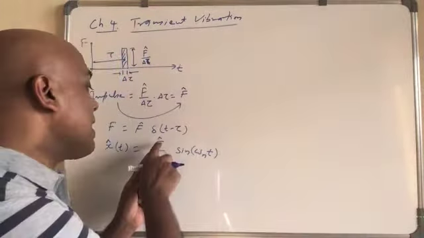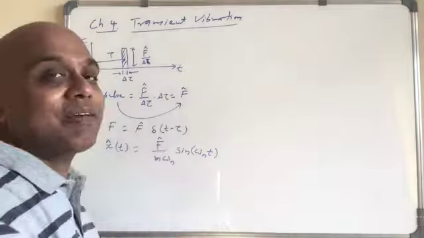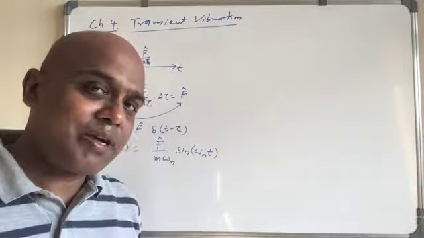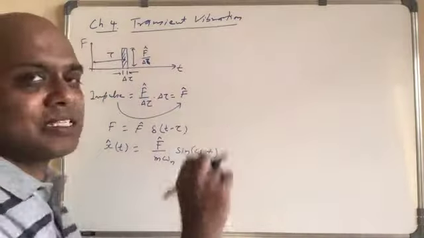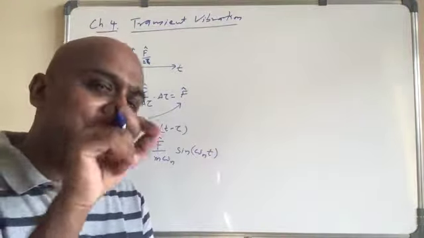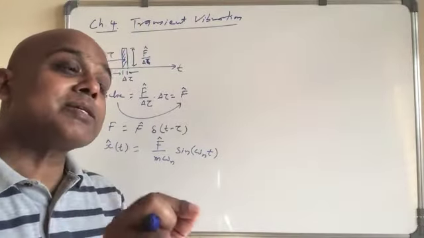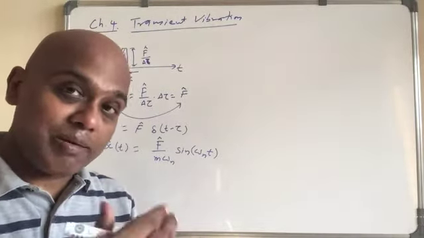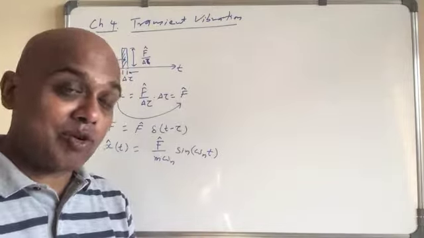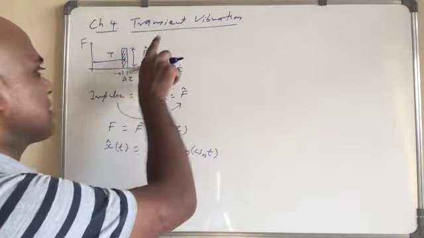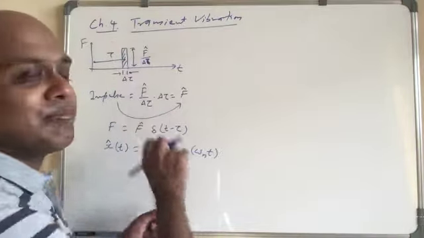Yesterday we used F naught instead of F hat. However, remember the meaning is different. In the second case, for the step input, we took F naught there also, but F naught there meant actual force, not impulse, not force multiplied by time, not the area of the force versus time plot.